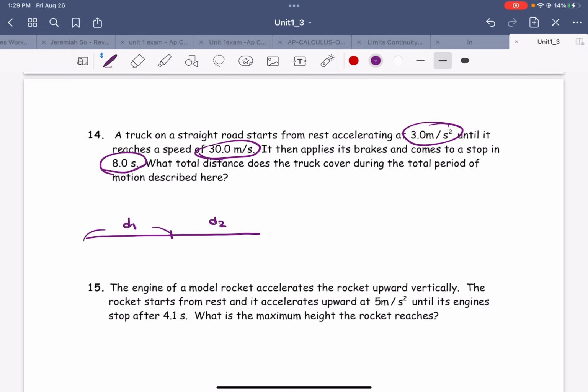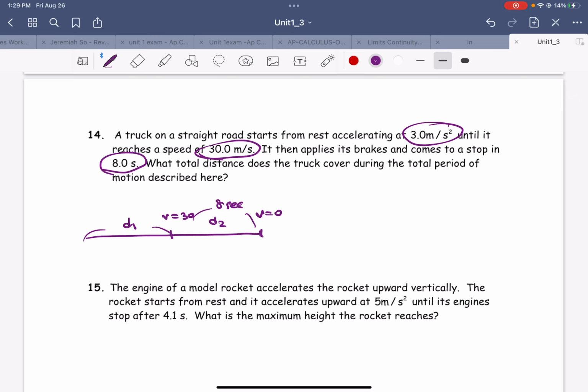Distance 1 is from the start until your velocity is 30. Then your velocity will be 0 here. Another piece of information they gave you is the time it takes to completely stop, from here to here.